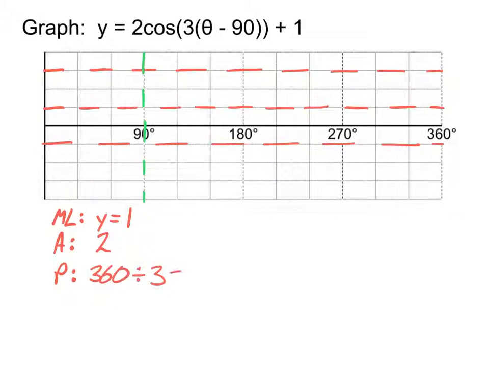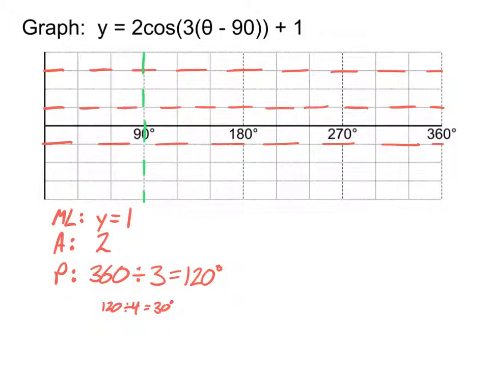So I'm going to divide it by 3, just like we did before, which is 120 degrees. So my new period is 120. And just like we saw before, 120 divided by 4 is 30. So I'm going to be putting a point every 30 degrees, which of course is still every hash mark that we see on this particular graphing grid.